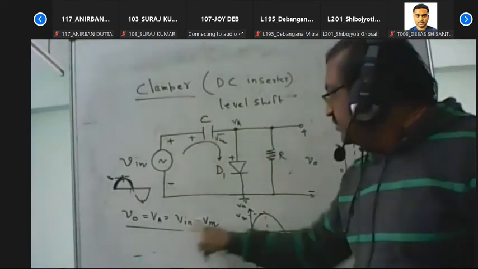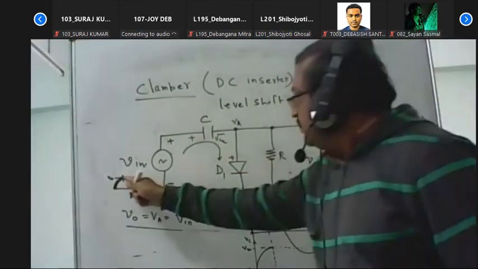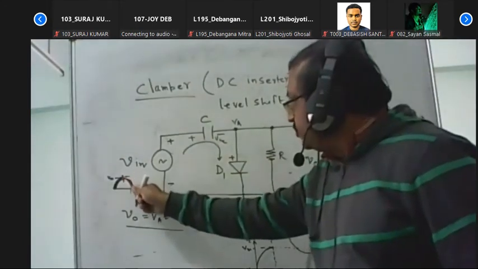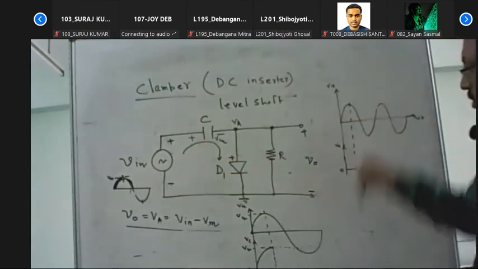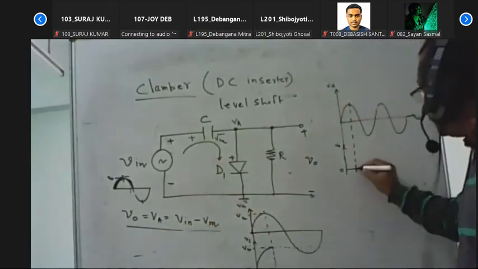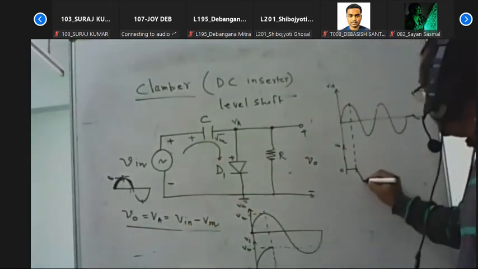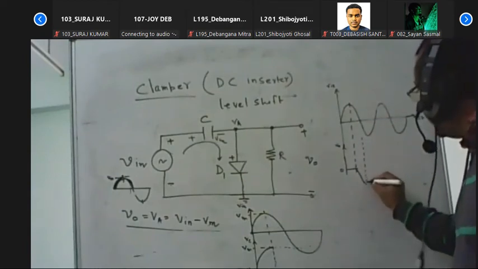So Vm minus Vm is 0. That means the output is 0. Vm to 0. When it is 0, that means Vin is 0, so 0 minus Vm. That means the output voltage is minus Vm. At that point, the output voltage equals minus Vm.